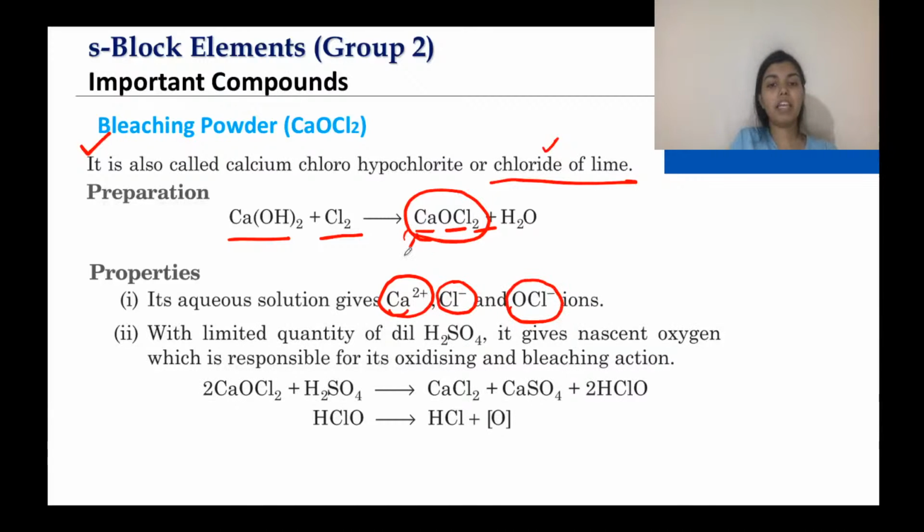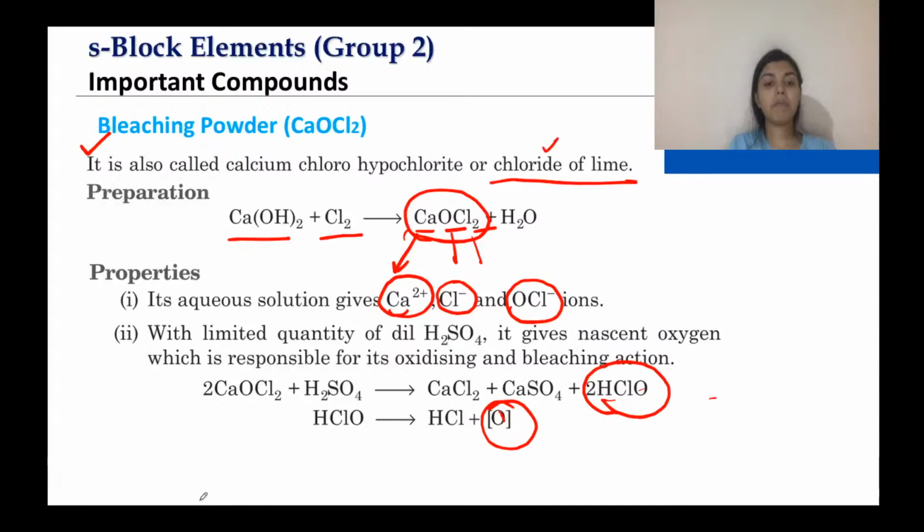That means each one of them will break into ions. With H2SO4, it forms HClO, which decomposes to form HCl plus O. This single oxygen atom is known as nascent oxygen. Now this oxygen can be added to different species.